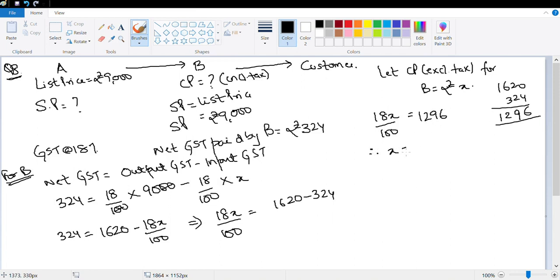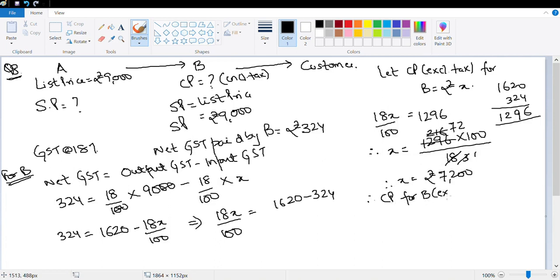Therefore, x is equal to 1296 into 100 upon 18, which is 7,200. Therefore, CP for B excluding tax is equal to rupees 7,200.